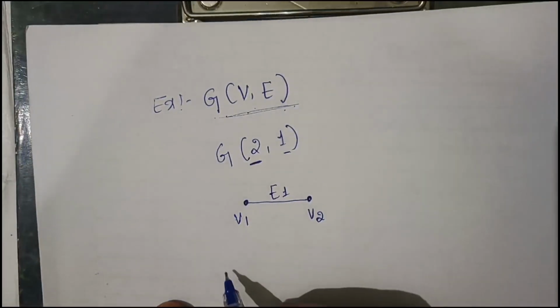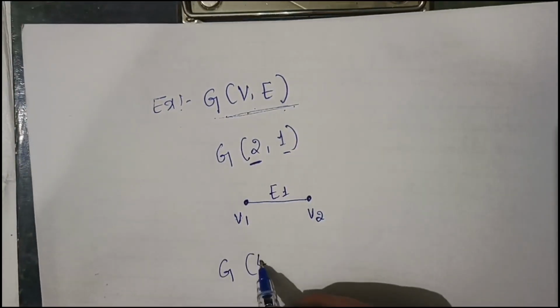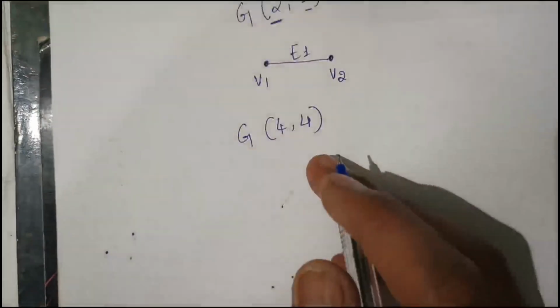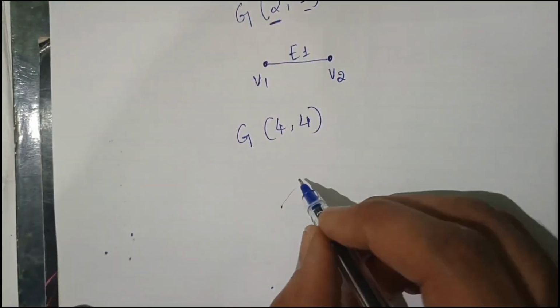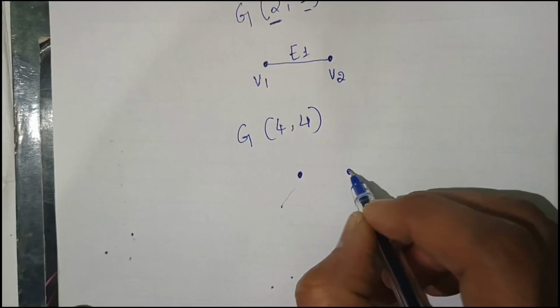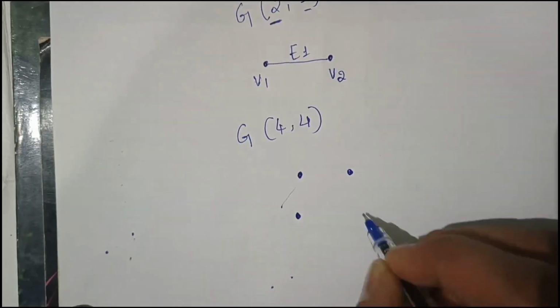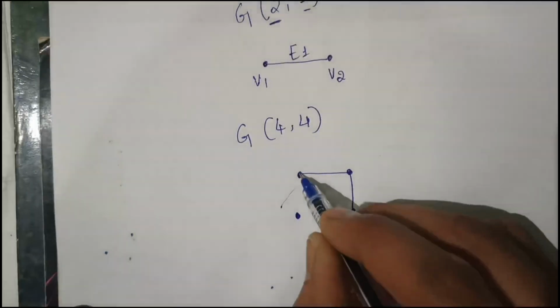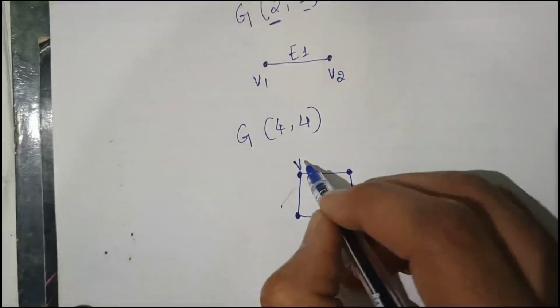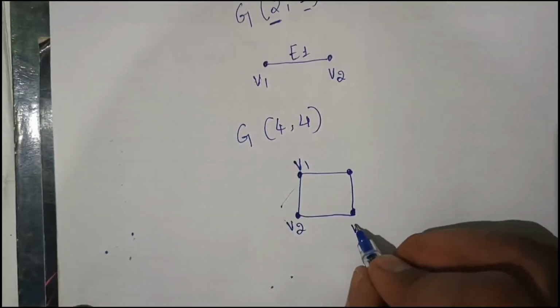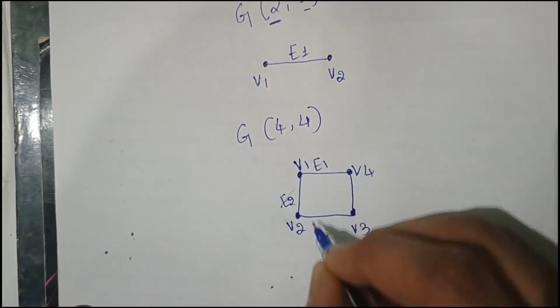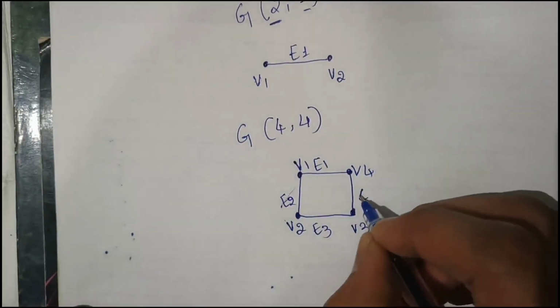For example, if they give 4, 4, how can you draw this? 4, 4 means 4 vertices and 4 edges. This is V1, V2, V3, V4, and E1, E2, E3, E4.